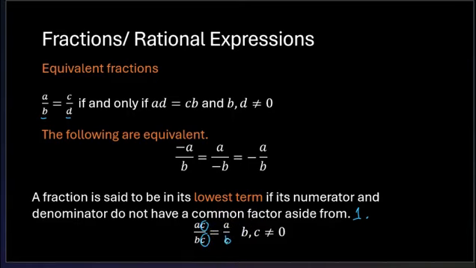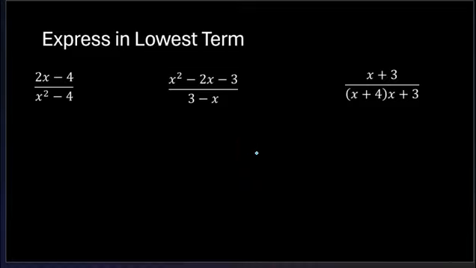So let's look at some examples and express the following fractions in lowest form. If you have it in algebraic expression, we need to do factoring. Like in the numerator here, for the numerical coefficient, our common factor is 2.